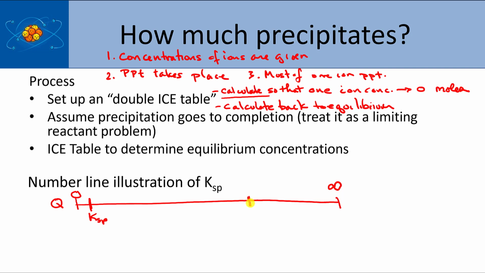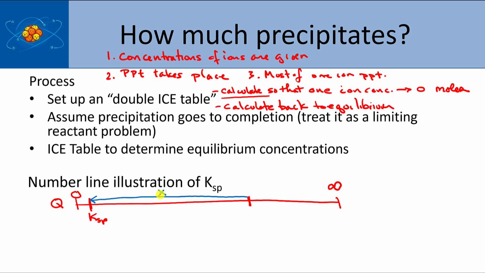Okay. Now, when precipitation starts taking place, concentrations will be going down and eventually approaching K. If you set it up as an ice table from the beginning, this would be x, the change in the value you get for the concentration. That's related to x.